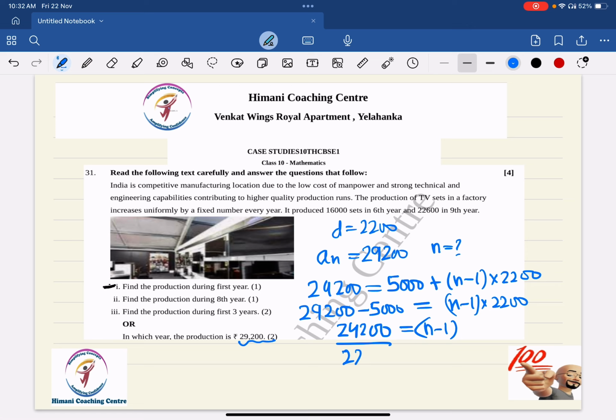So 2,200 will come here and divide, and you will get this number: 22 ones are 22 and then 22 ones are 22, and n minus 1. So n equals 11 plus 1. So the answer is in the 12th year, the production would be 29,200.